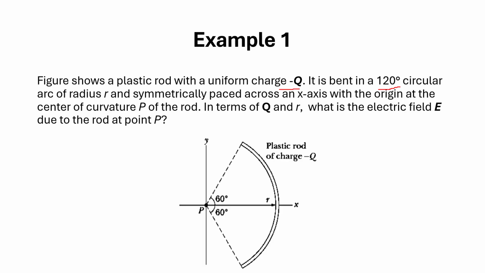Then you also have the electric field. Remember the equation for electric field: electric field equals constant times the total charge over r squared. r squared means the distance from the point source to the point receiving the electric field.